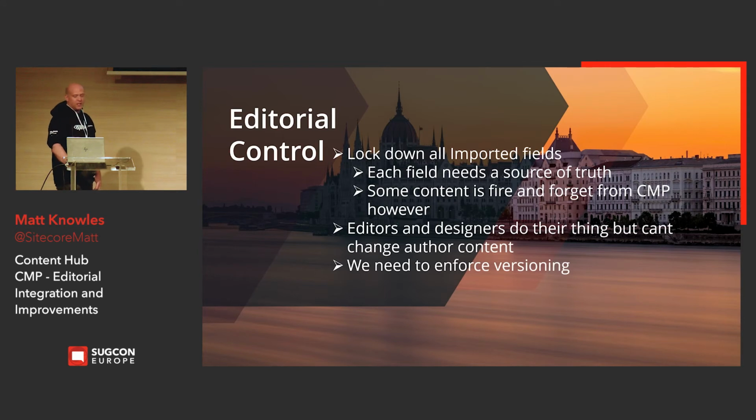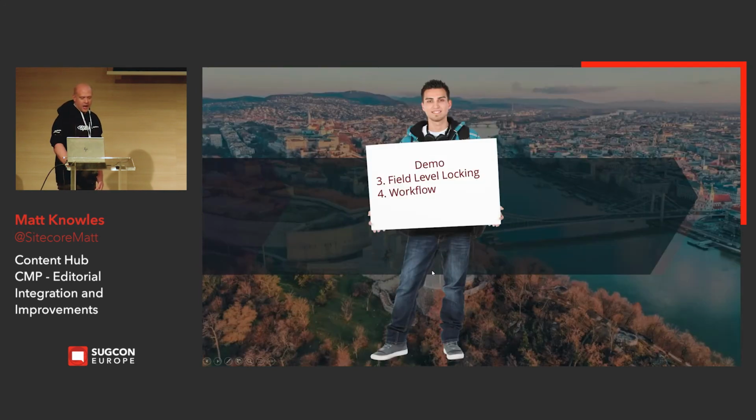But when it gets to the XP stage, your editors, your marketeers, want to be able to edit the look and feel. So they want to be able to apply, if you're using the classes, whatever they want, just not change the data. And obviously, lastly, we need to enforce versioning.